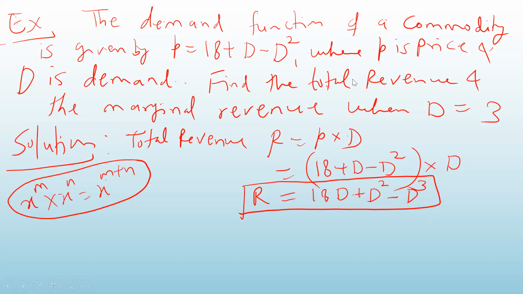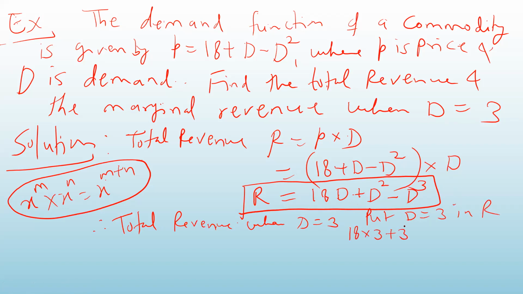Now what you have to find out is the total revenue when D is 3. So what is total revenue when D is 3? In this formula, put D equal to 3 in R. So you will get 18 into 3 plus 3 square minus 3 cube.